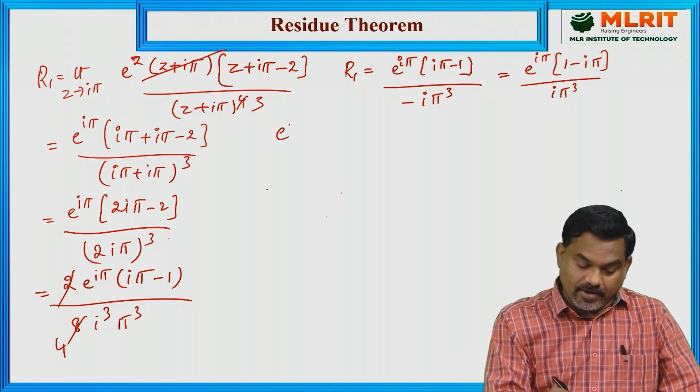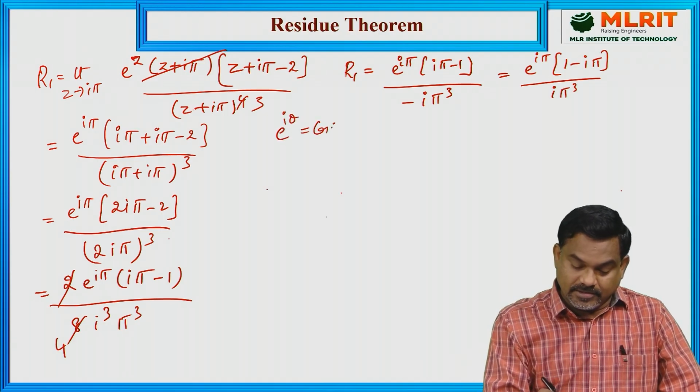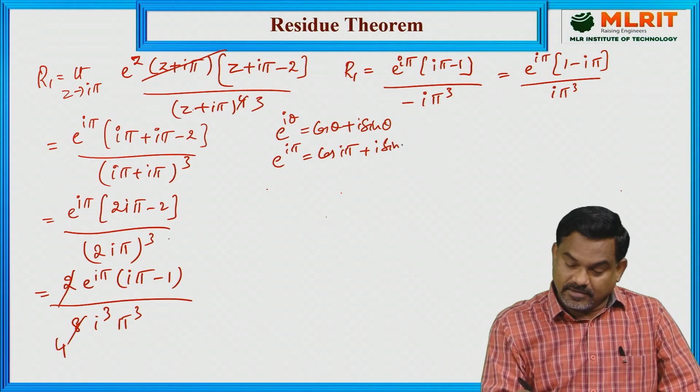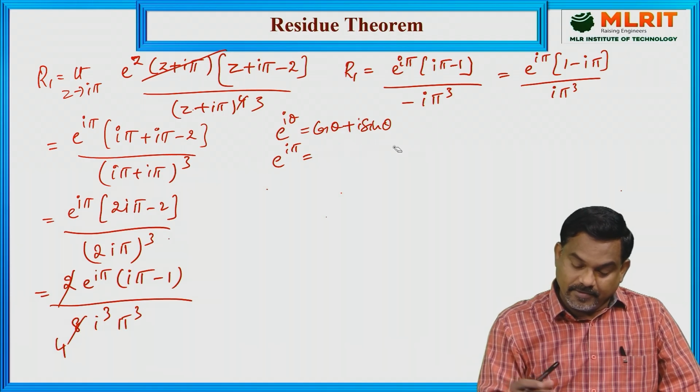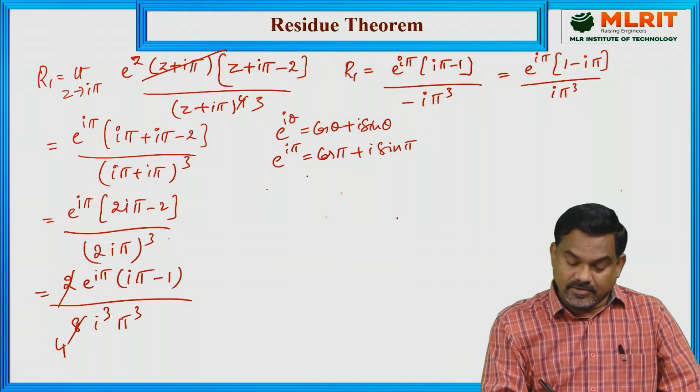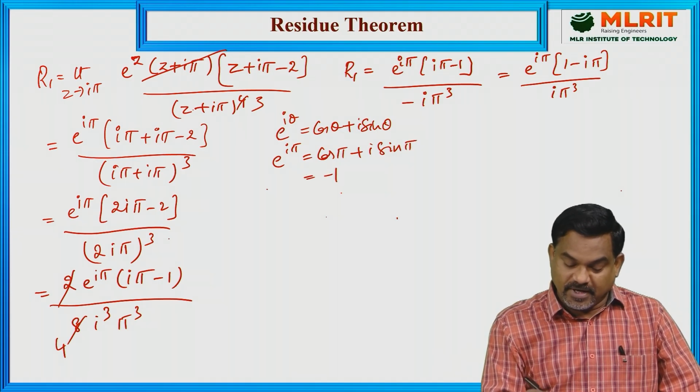What is e power iθ? Cos θ plus i sin θ. So, e power iπ is cos π plus i sin π. Sin π is 0. So cos π is minus 1.